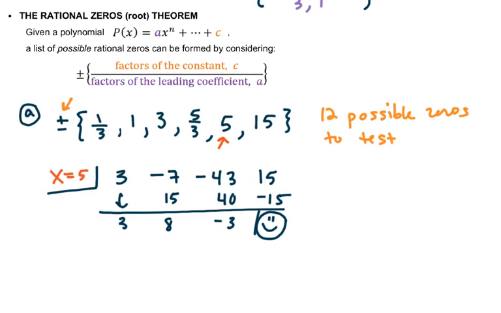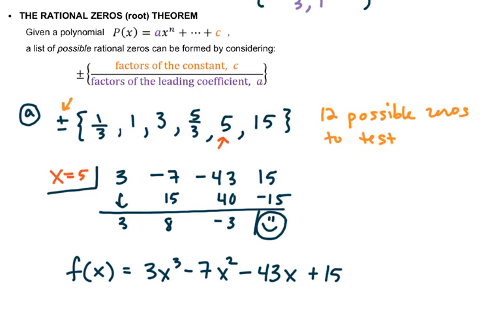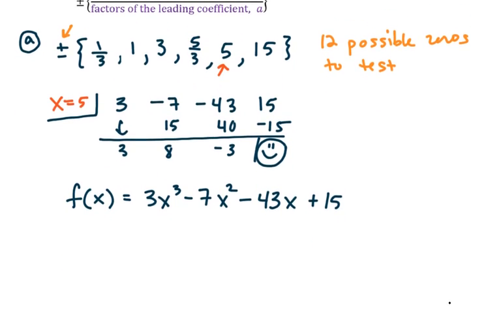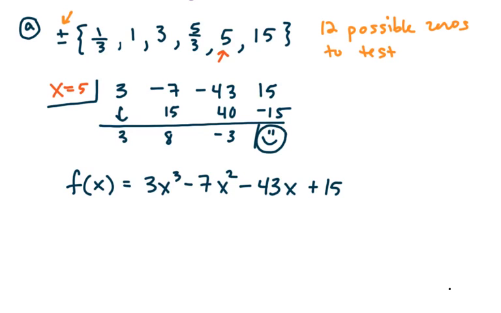And getting that 0 as a remainder, what that allows me to do is to take my function, where we started with 3x cubed minus 7x squared minus 43x plus 15, and now that I got that 0, I can factor this. My first factor comes from x equals 5.